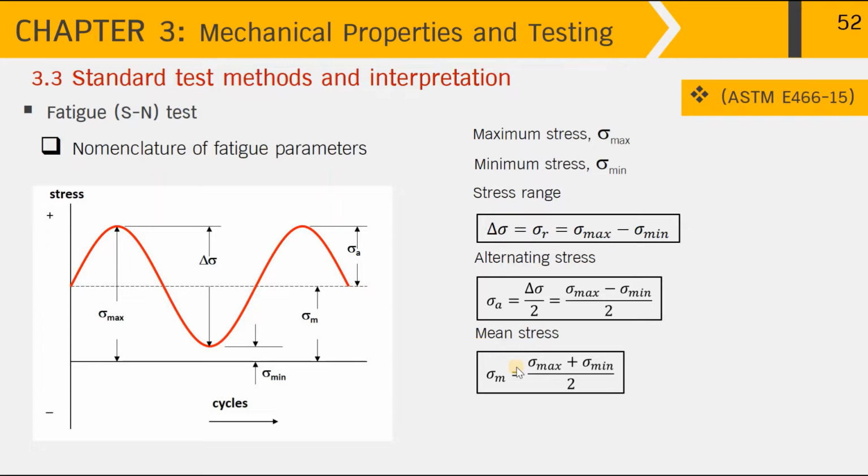And next is the mean stress or sigma M, which is the average value of sigma max and sigma min. And lastly, the stress ratio or R, that is the ratio of sigma min to sigma max. All the parameters are very important that you have to refer to every time you perform the fatigue test.